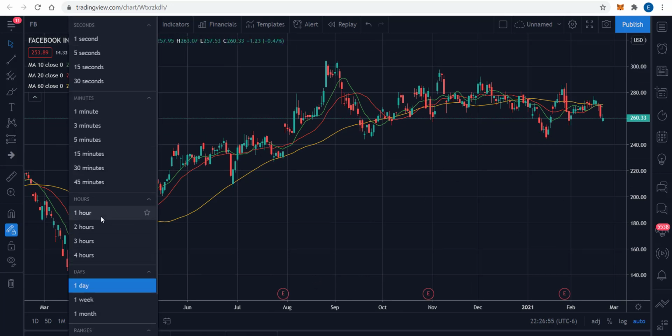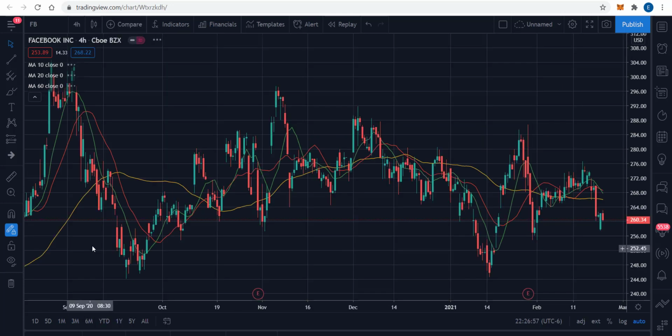Let's drop this down to the 4-hour. Still a little muddled. I do like this cross that happened in early December, but I would have gotten chopped up because I like to exit when price is touching or going through my averages. So let's take it lower.